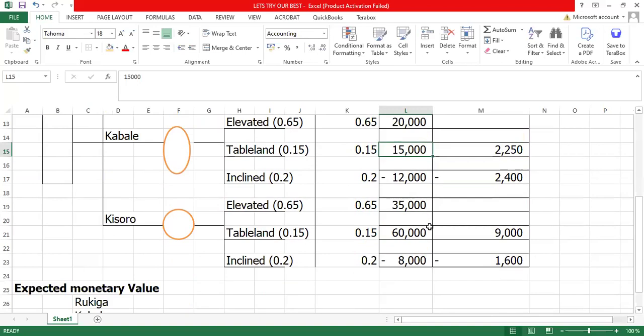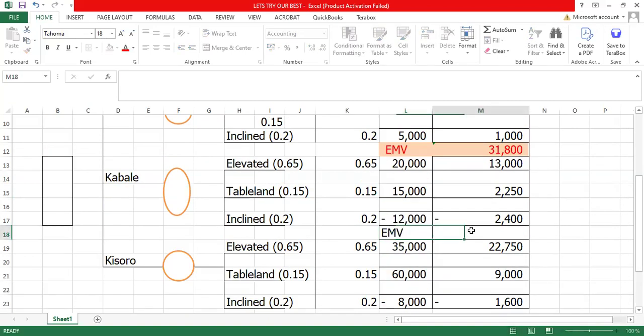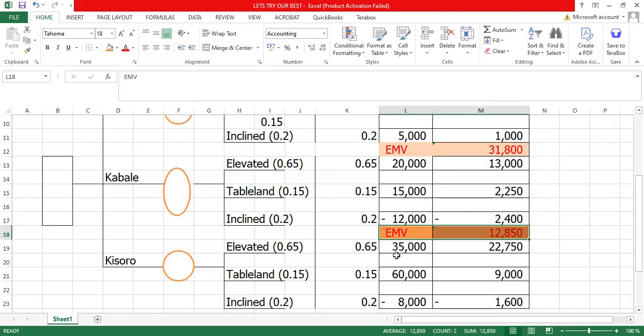Then Kabare, what is expected monetary value? It will be 13,000 plus 5,950 plus 2,000 plus negative that. That's what you have? Yes, 12,850. Okay.